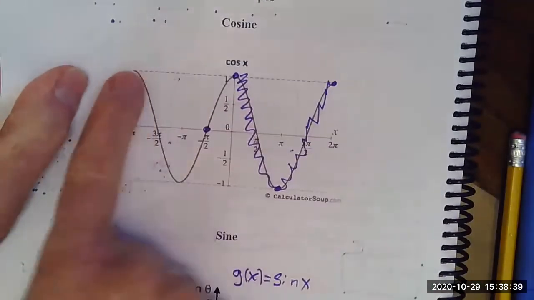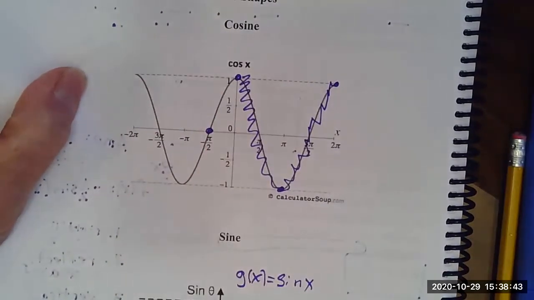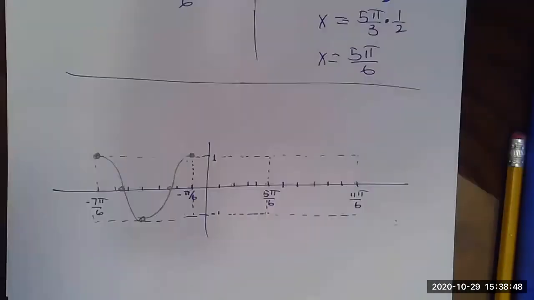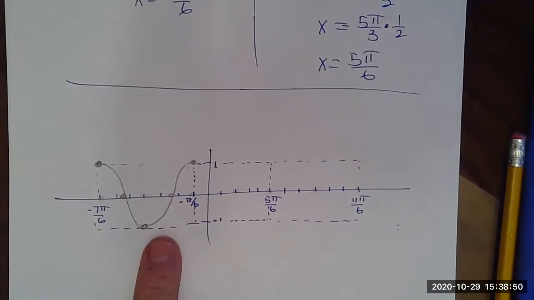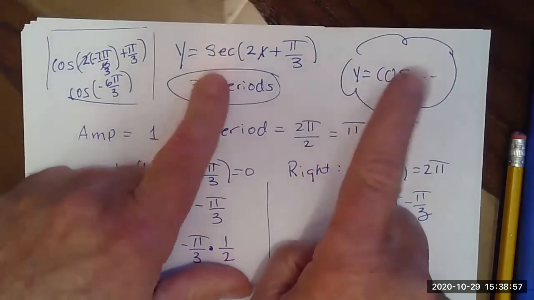The cosine is supposed to look like this. That's a sine. I was doing cosine. How come I'm doing cosine? Because I've got a secant. They're reciprocals. These are reciprocals. That's why I'm doing the cosine.